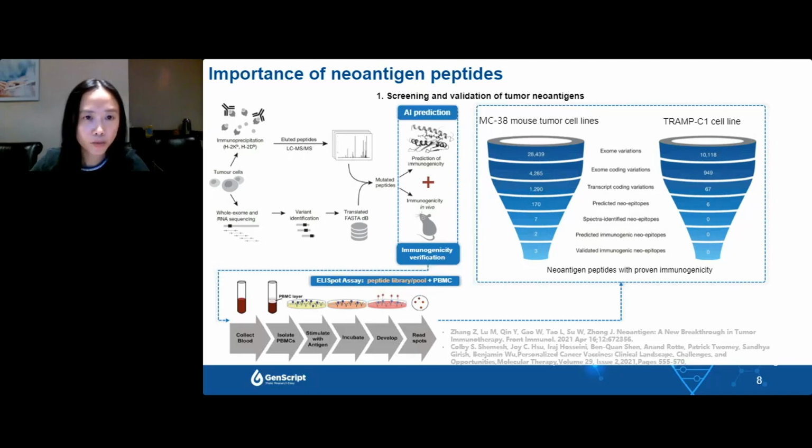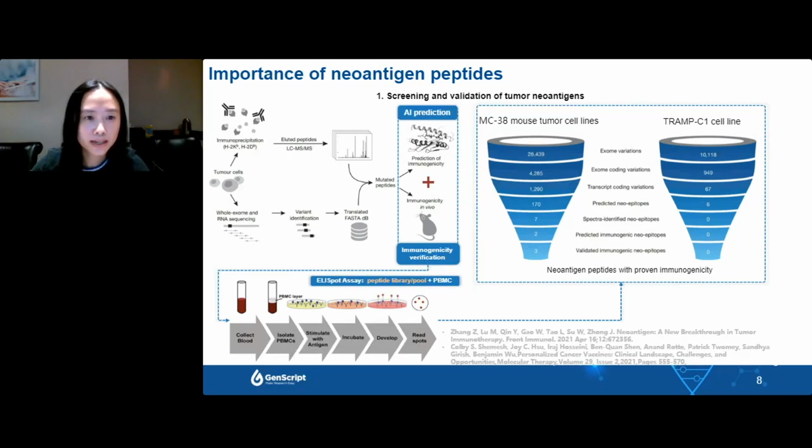First, we will use AI to predict the new antigens after several rounds of sequencing. After sequencing, the important part is to verify the immunogenicity. And lastly, we get the validated immunogenic new epitopes. So from this picture, we can see from the beginning there are about 28,000 exome variations to finally only 3 validated new antigens. So how do we validate it?